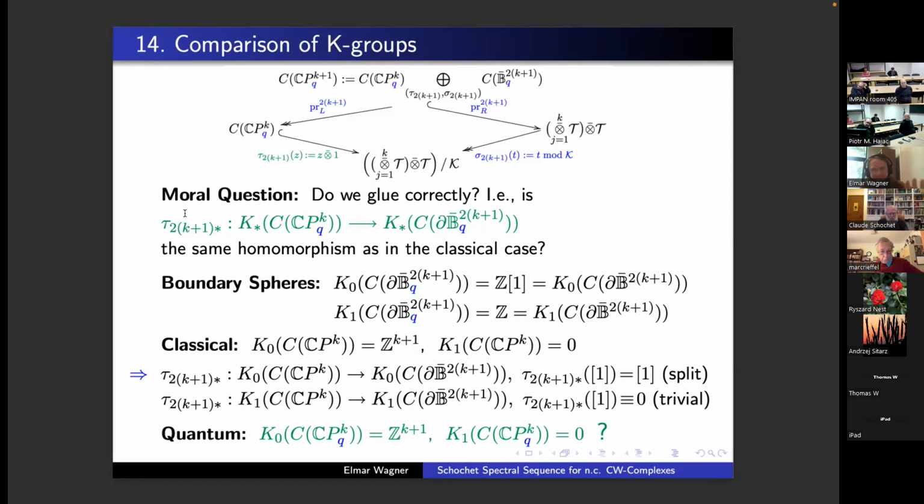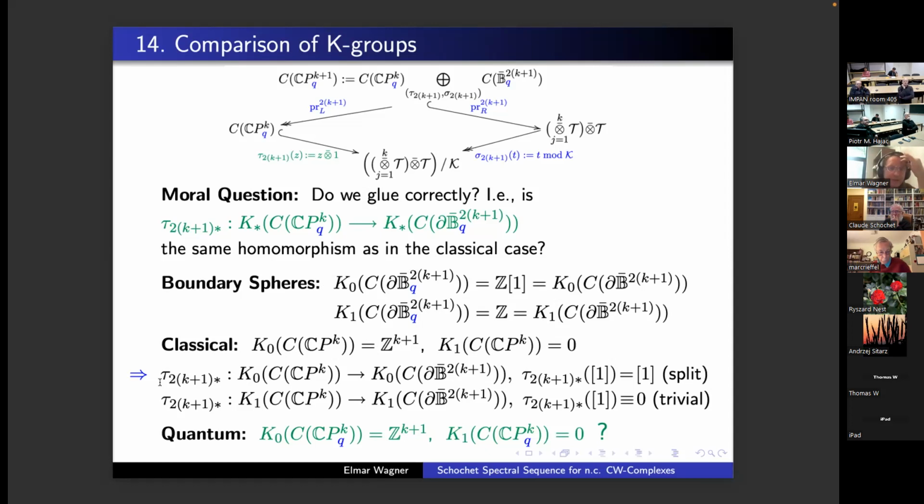Here it's still simple, because if you look at the boundary, we have the boundary spheres of even dimension giving odd dimensional spheres. So K0 is trivial, but K1 is non-trivial. Now, if we look at the classical case, K1 is always trivial. So classically, we have only non-trivial elements in K0.